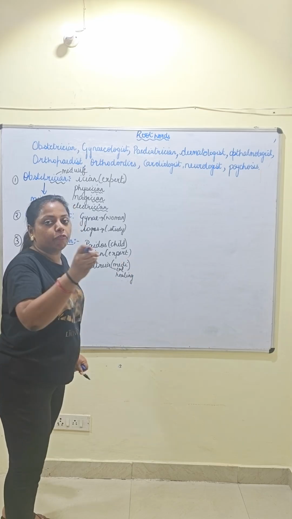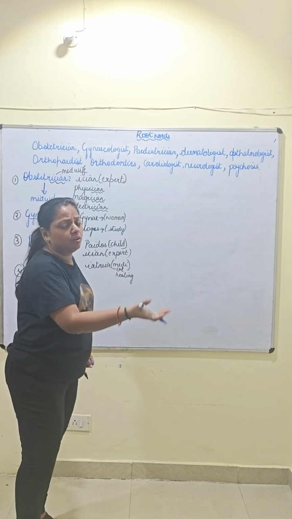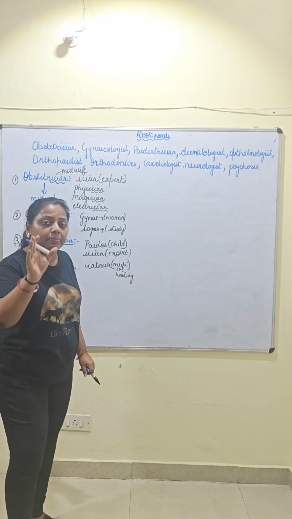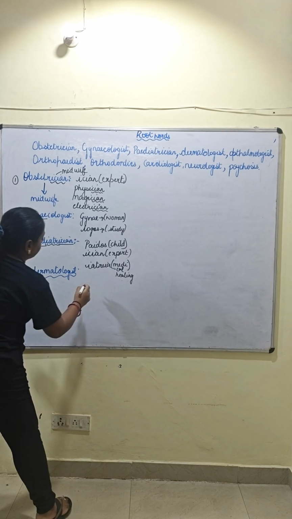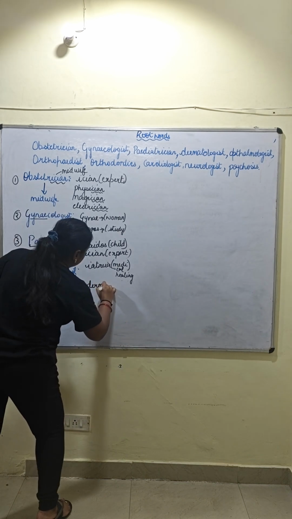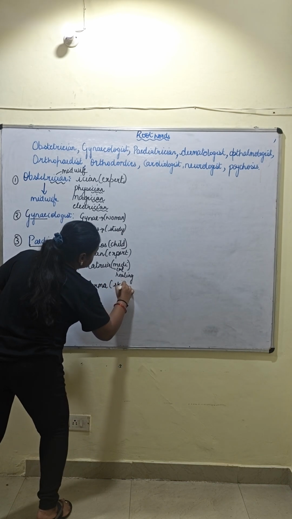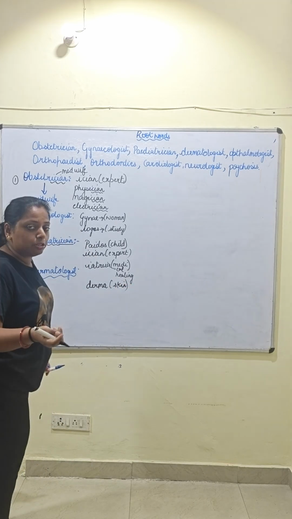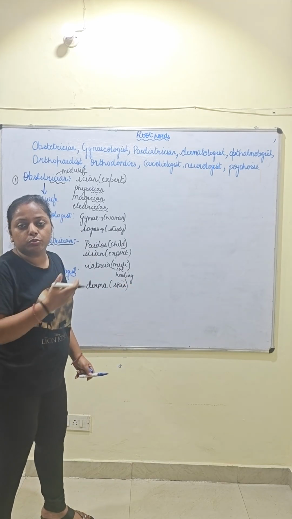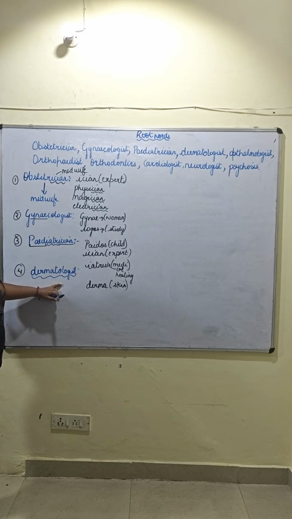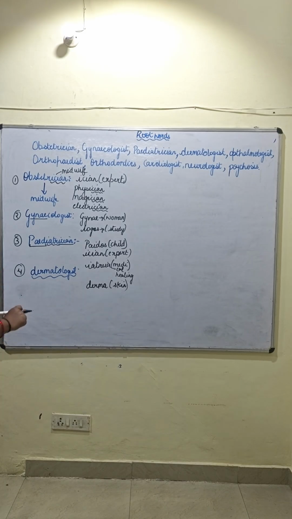It could be the skin of an animal, it could be the skin of a person, anything. Derma means skin, because this is a root word again. So a dermatologist is somebody you go to if you have skin issues, even if you have hair issues.